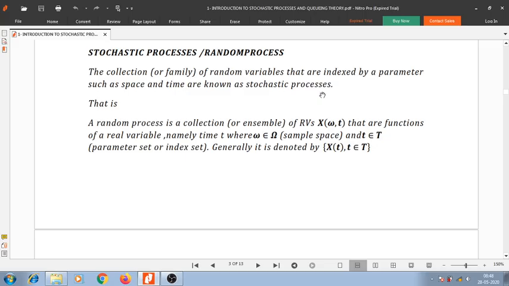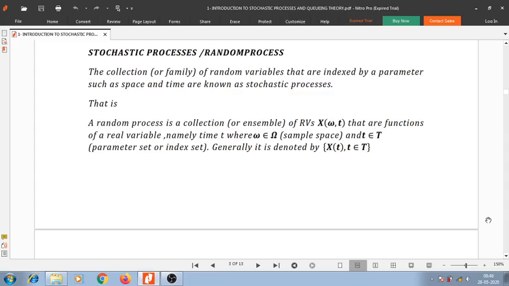See x of omega comma t: omega belongs to the sample space, t belongs to the time parameter. So the set of x of t, t belongs to capital T, is called a stochastic process.